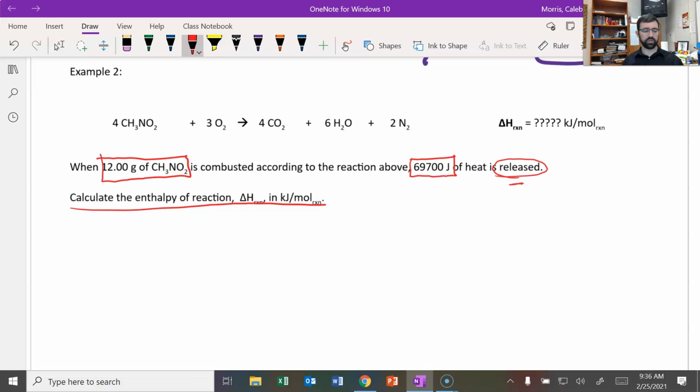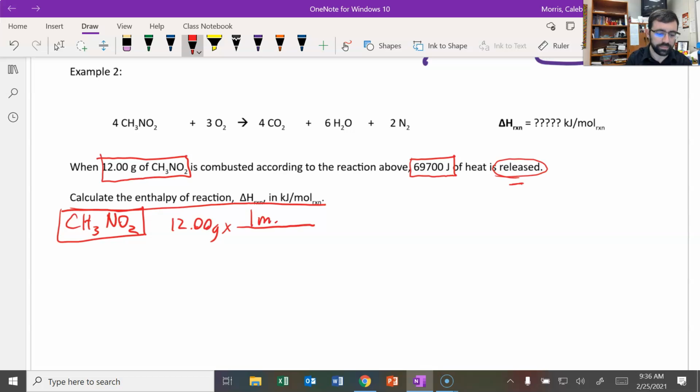Let's start by what we definitely know we need to do. I have grams. I cannot use grams in stoichiometry. I have to turn it into moles. So the CH3NO2, I'm going to start with that. That's my given compound I'm going to be using. I have 12.00 grams of CH3NO2. I need to try to find the number of moles that would be.